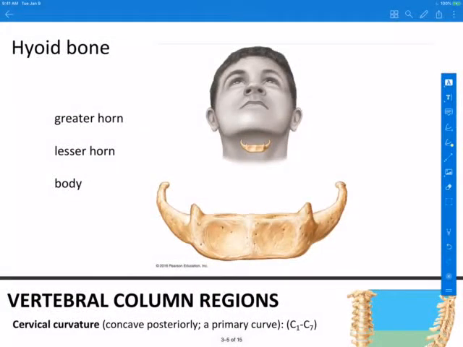This shows a hyoid bone. The hyoid bone is a horseshoe-shaped bone that is found in the neck. And like I said, it provides a movable base for the tongue. And then the neck muscles attach to what are called cornu. Actually, the greater horn, also known as the greater cornu, that's C-O-R-N-U, is located right here.